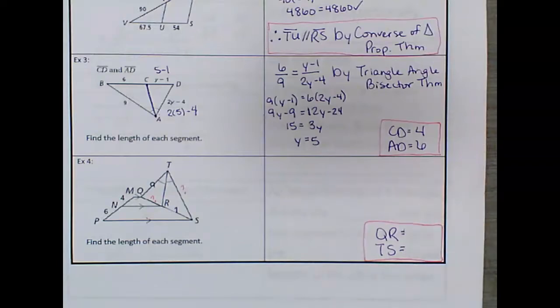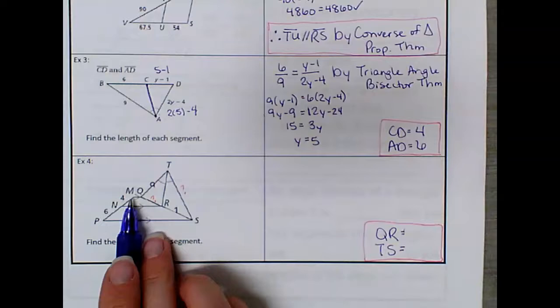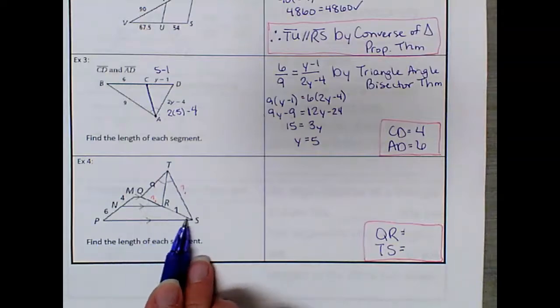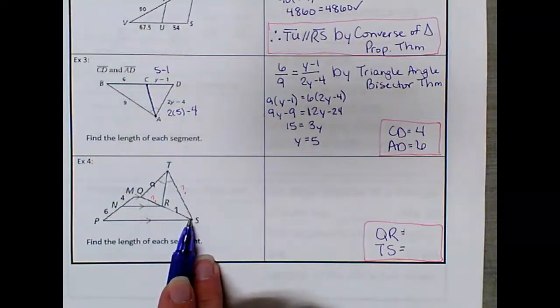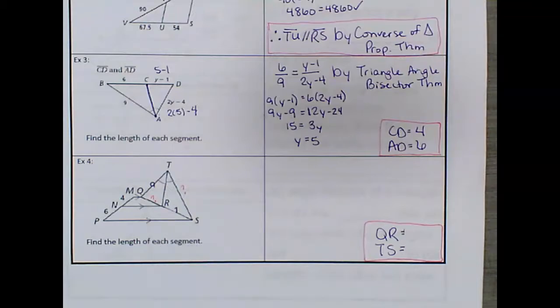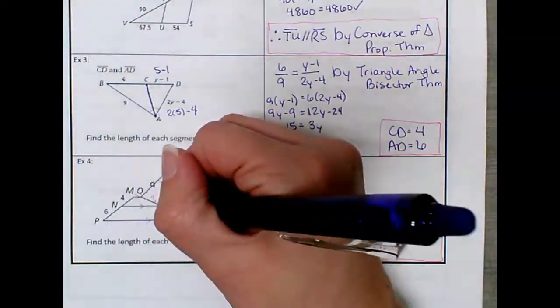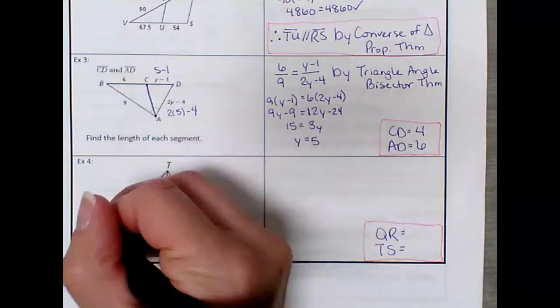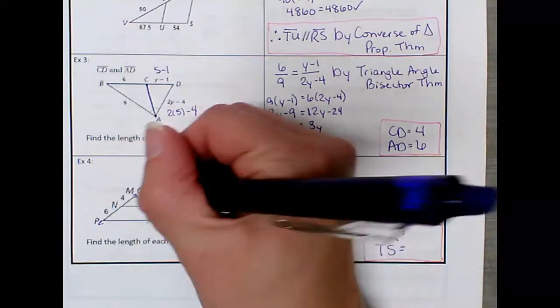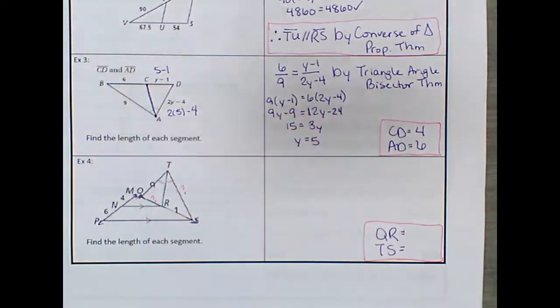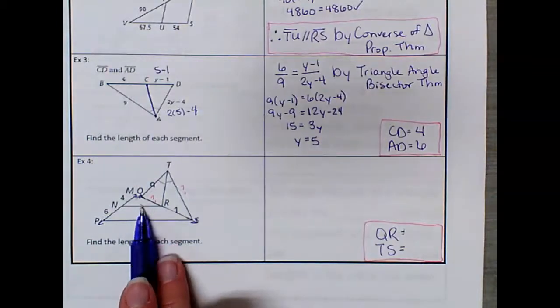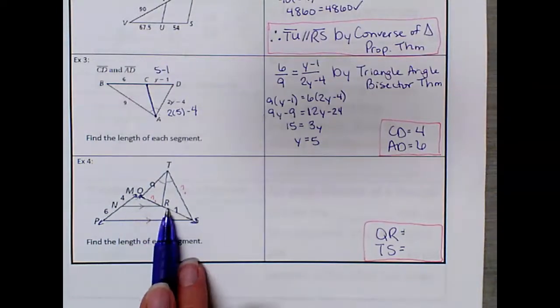So if I'm asked to find the length of each segment, I notice that I have 1, 2, 3 parallel lines, which looks an awful lot like the picture in the two transversal proportionality. And I have a transversal here and a transversal here. So kind of extend these. And the two transversal proportionality theorem says if 3 or more parallel lines intersect two transversals, then they divide the transversals proportionally.